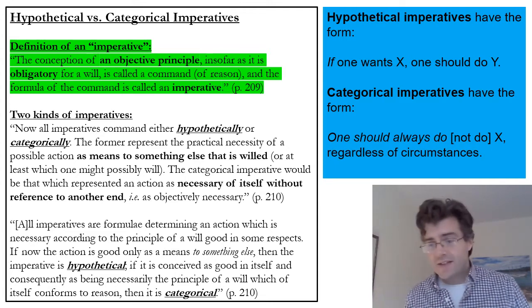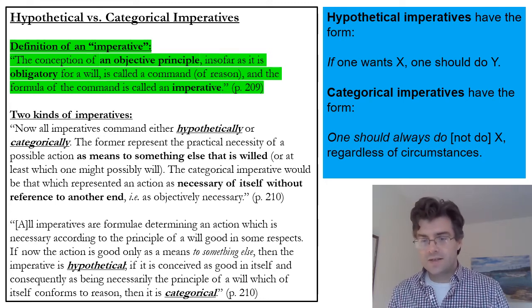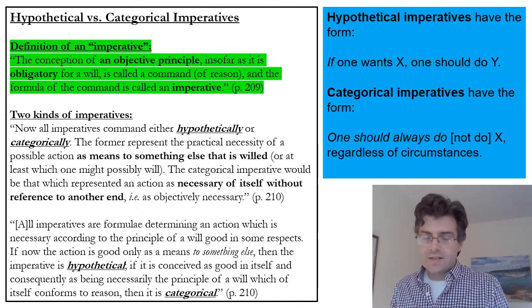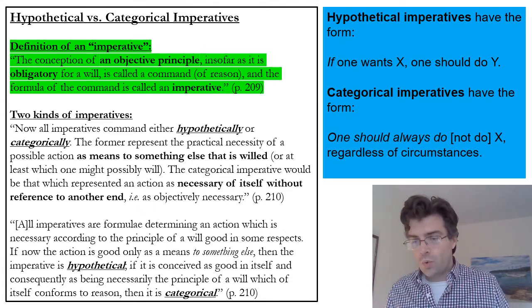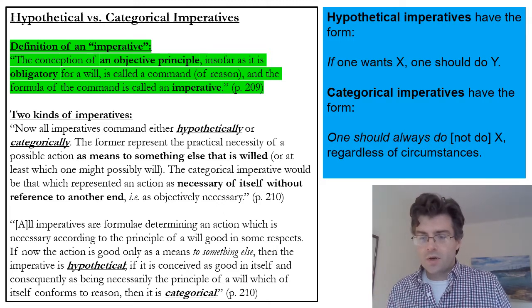And that's basically what Kant means here, though he's going to express these imperative sentences as sentences that include words like ought or should, that say what someone ought or should do.